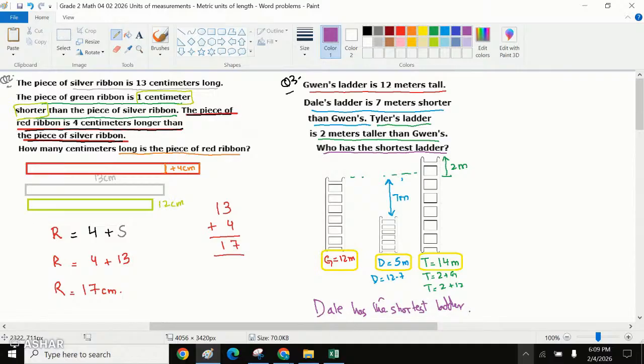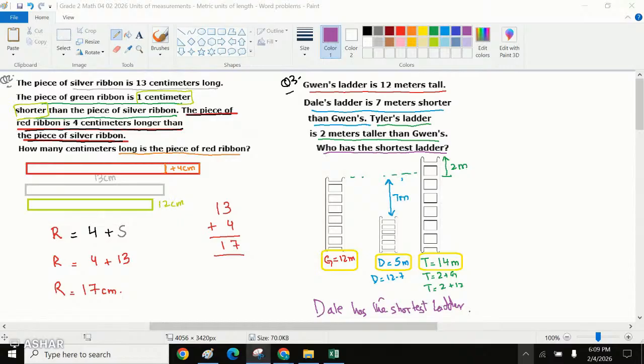If Gwen was 12, then Dale was 7 less, then Dale would be 5, and Tyler would be 2 plus 12. Yes, thank you, Tess. Dale has 5 meters. That means it is the shortest ladder. I'll just rewrite this, the spelling looks very bad. Okay, let's move on to the next question.